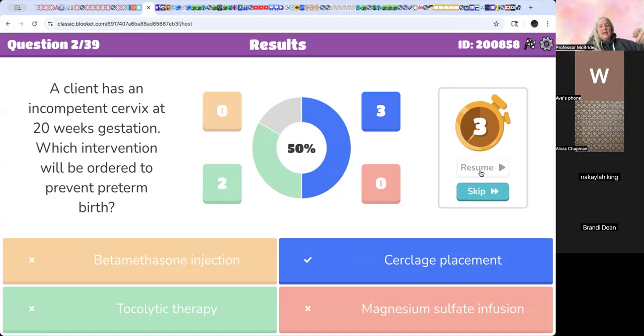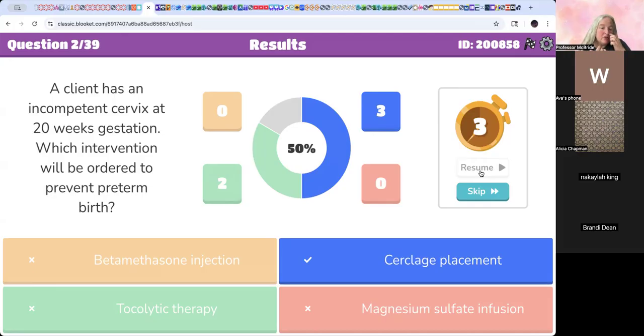Let's talk about this for a second. What does it mean if she has an incompetent cervix? She could have it dilating, a miscarriage, bleeding. Yeah, okay, good. At 20 weeks, that baby's not going to survive, right?